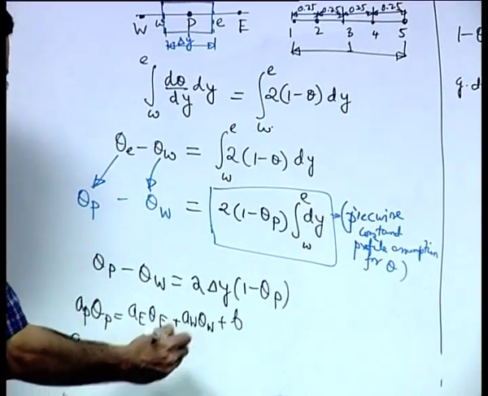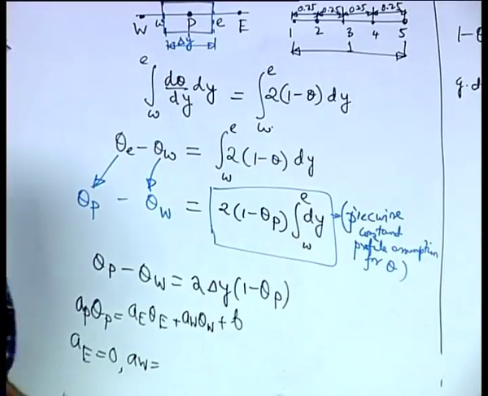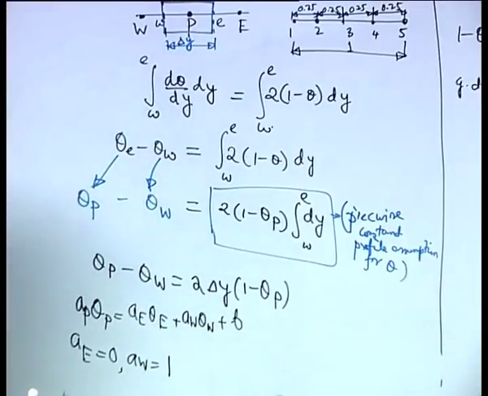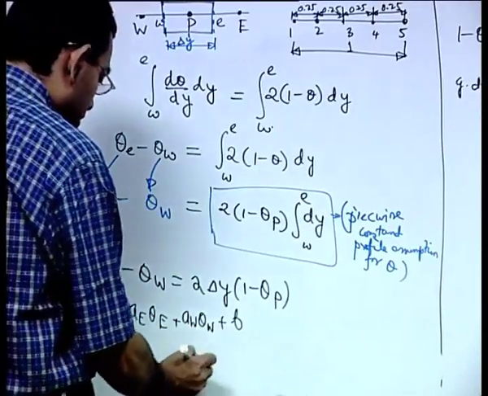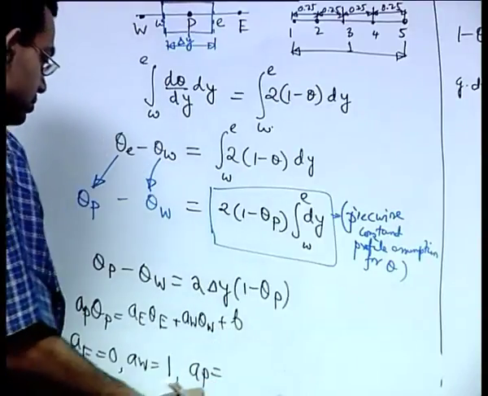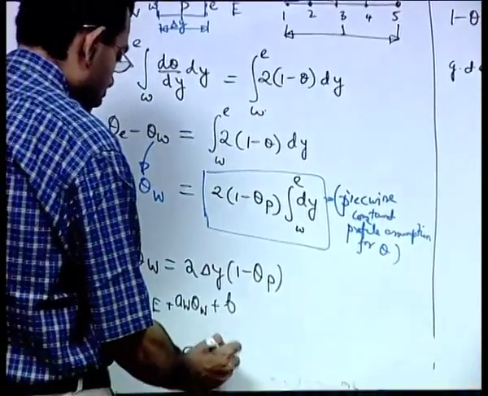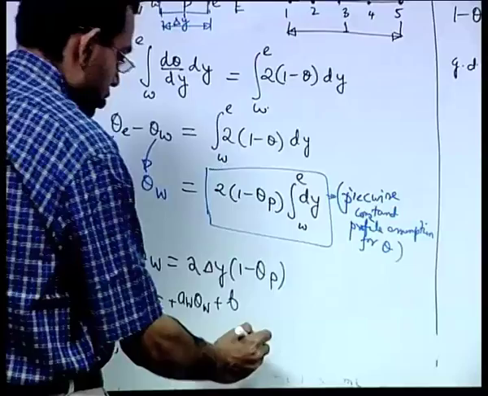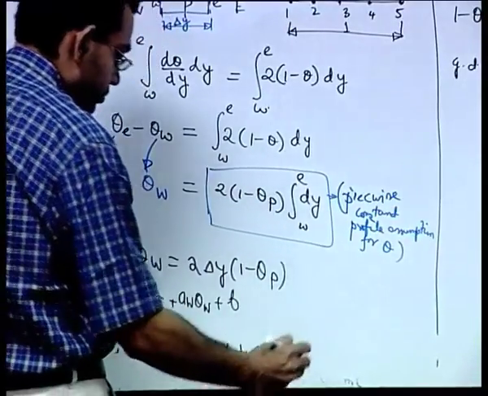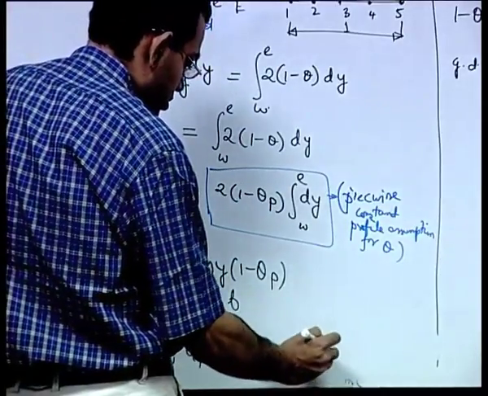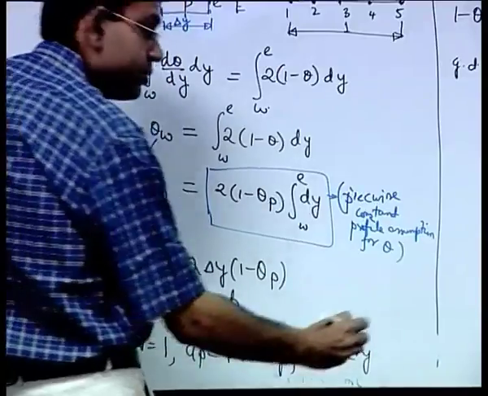What is AW? 1. What is AP? 1 plus 2 delta y, and what is B? 2 delta y.